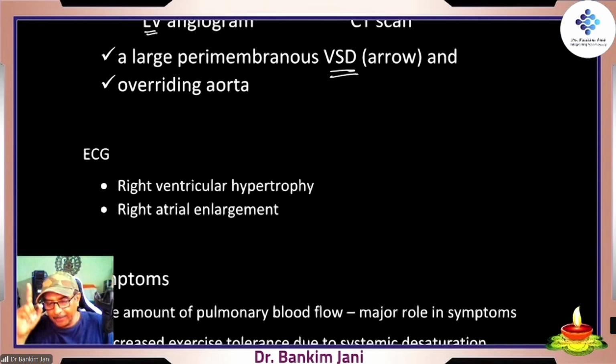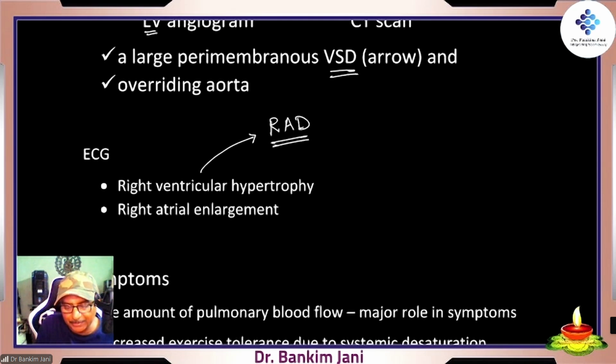Over here, now tell me, we have learned ECG. And in ECG, if I say right ventricular hypertrophy, the first thing, the moment ECG is taken, right ventricular hypertrophy means right axis deviation, correct? And for right axis deviation, what will we watch? We'll watch lead 1 and lead aVF, correct?